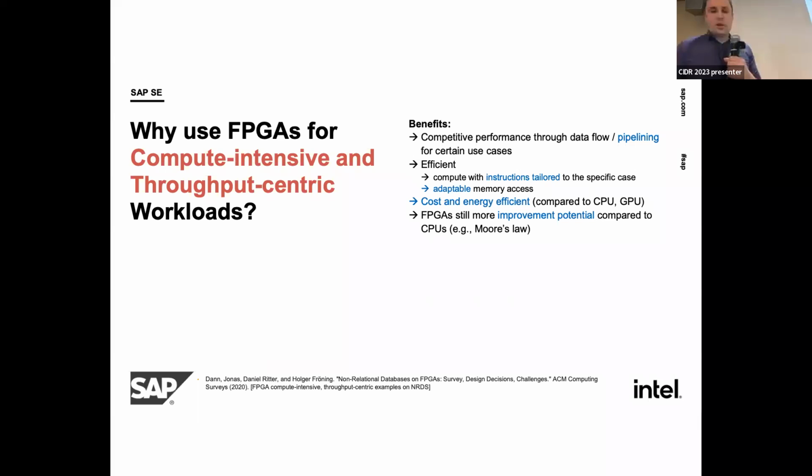We found special cases in which it makes sense, for example, to build your own instructions, or to tweak the memory access for difficult memory access patterns for the CPU, in which FPGAs are actually very efficient.